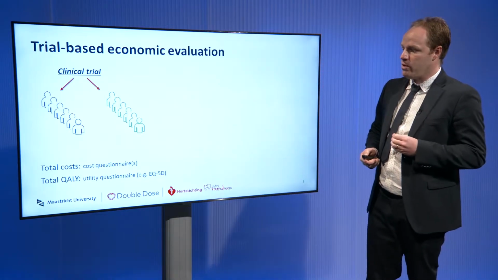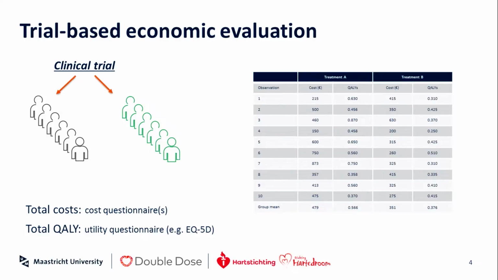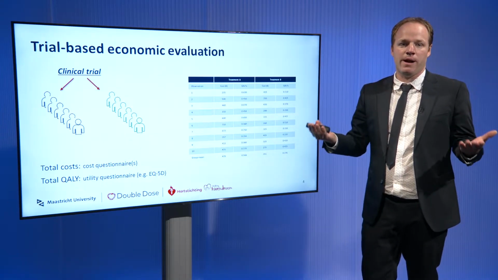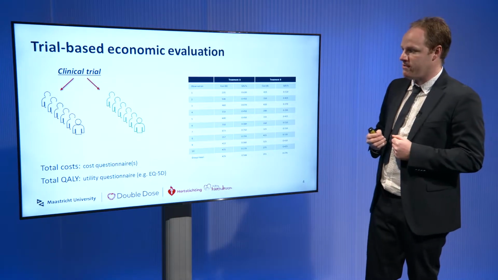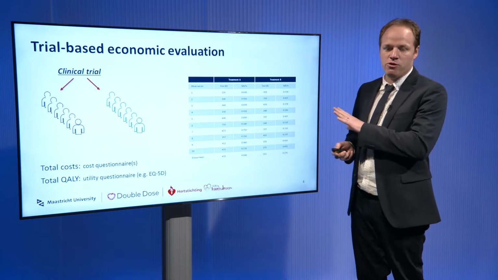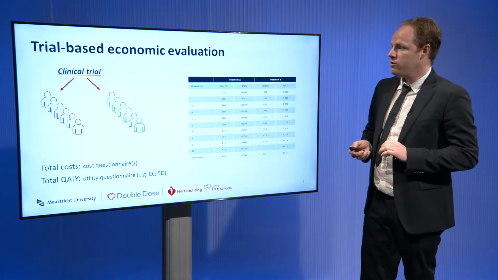Based on these questionnaires in the trial, we will estimate the cost and the quality of every individual patient. We then take the average of the group and we can apply the formula of the incremental cost-effectiveness ratio.